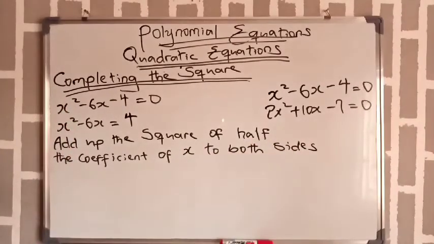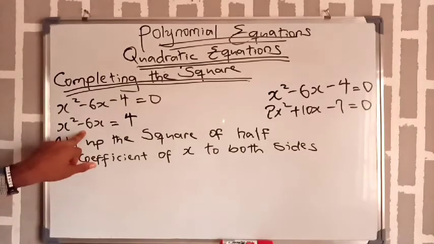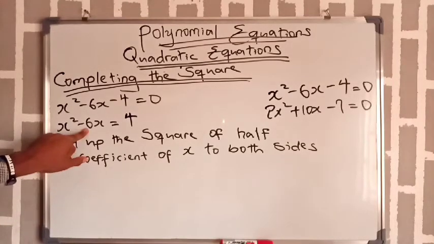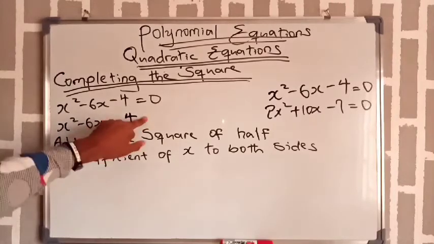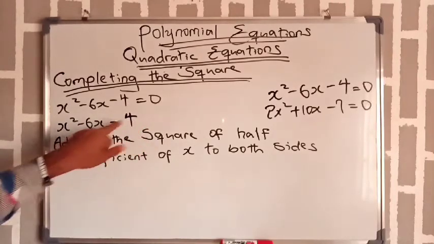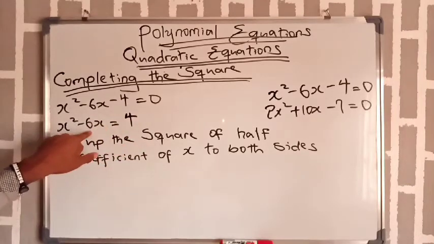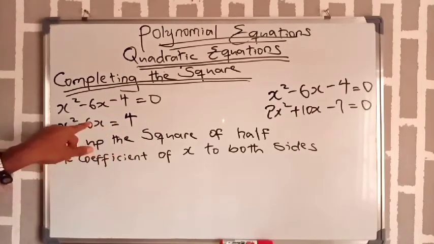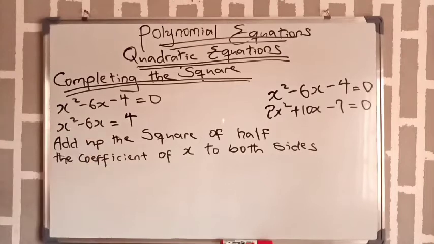You understand that? That means you divide the coefficient by 2, then you add its square to both sides. As simple as that. It's the coefficient of x, not x itself.